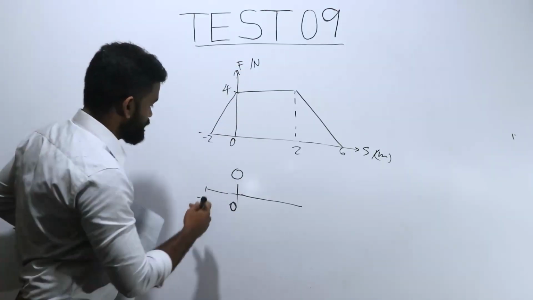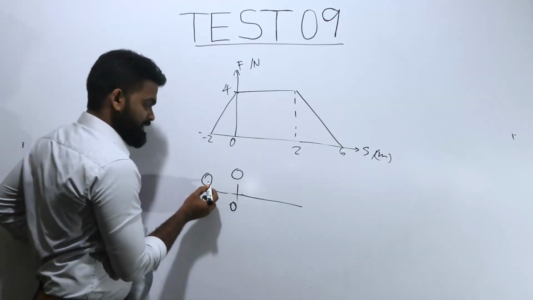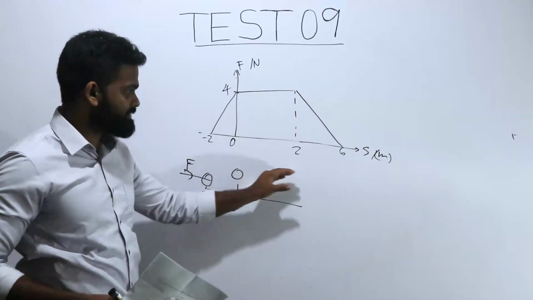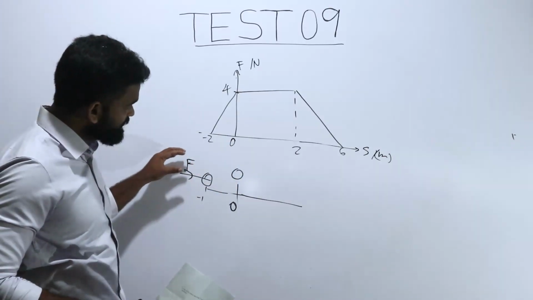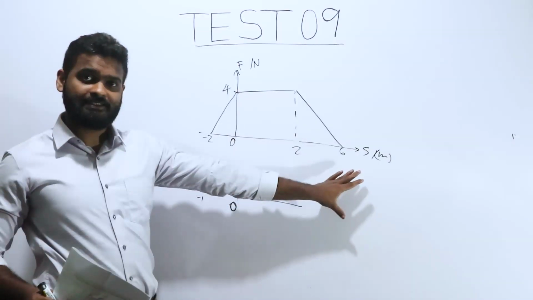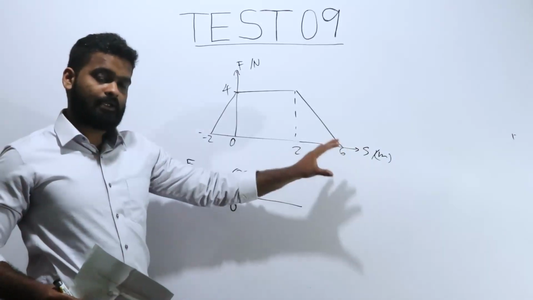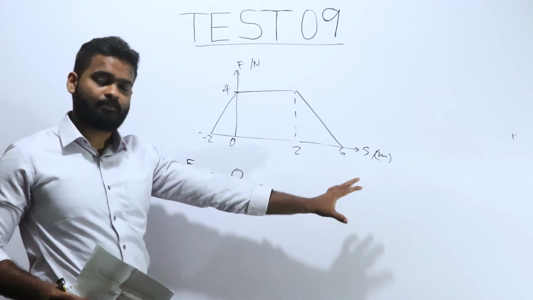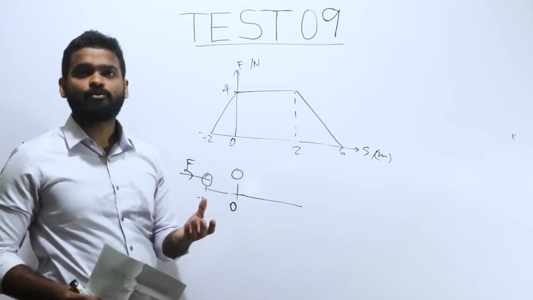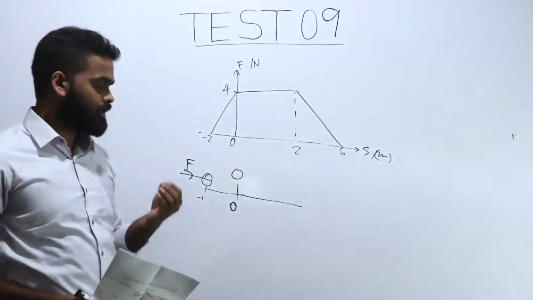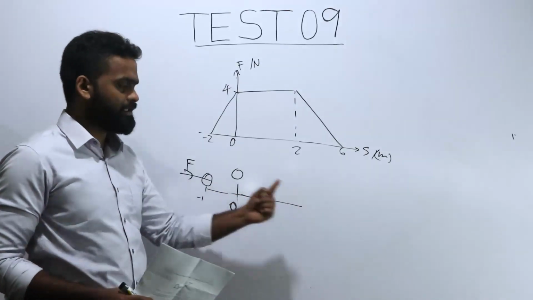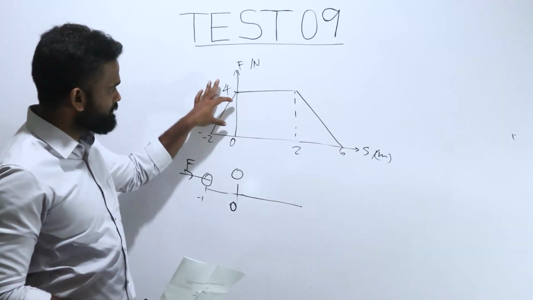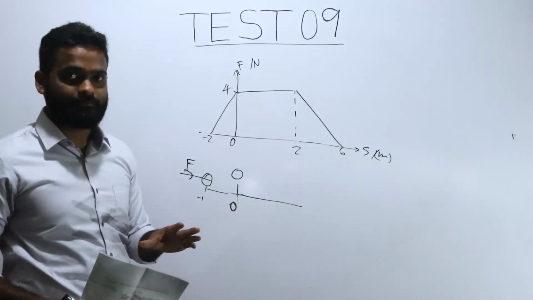So the force is always positive, meaning if an object is here, the direction of the force is always this side. And also, the object always moves towards the same side. So the displacement and the force are both in the same direction. So there cannot be a negative work done on the object. So the work from here to here and here to here should both be positive, meaning that you have to add all the areas here.